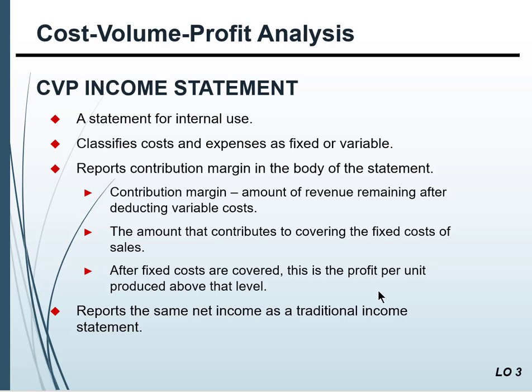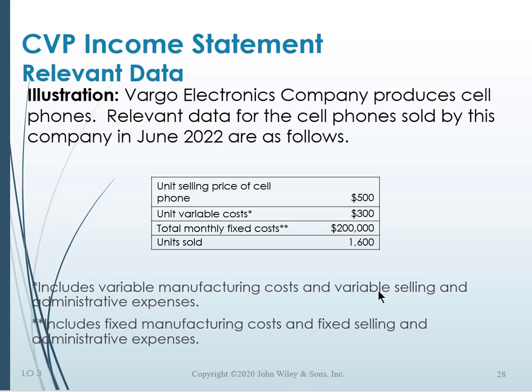Now, after all the fixed costs are covered, this contribution margin converts, if you will, to the profit per unit above that level. So again, in the end, we should have the same net income as in the traditional statement. We're just looking at our expenses and costs a little bit differently.